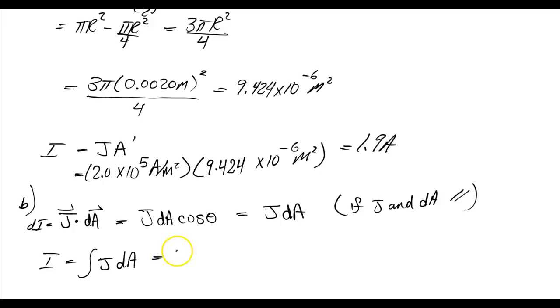And we're told, again, we're going from R over 2 to R, so some initial condition to some final condition.